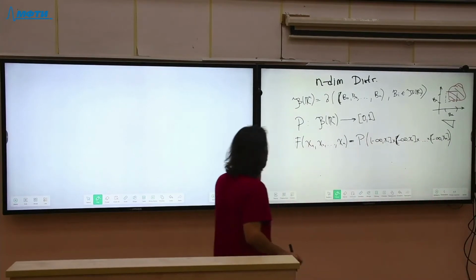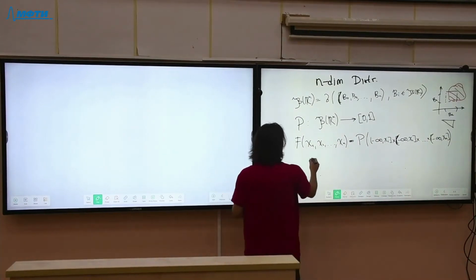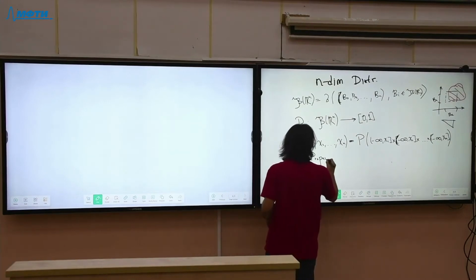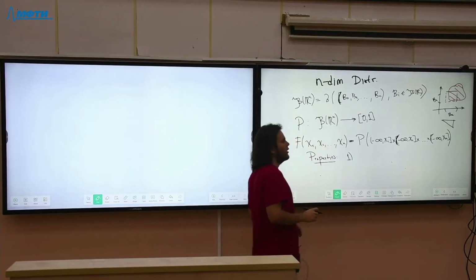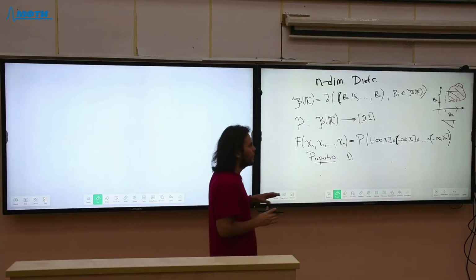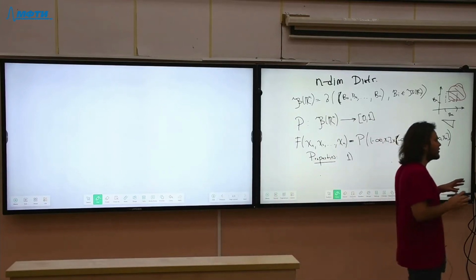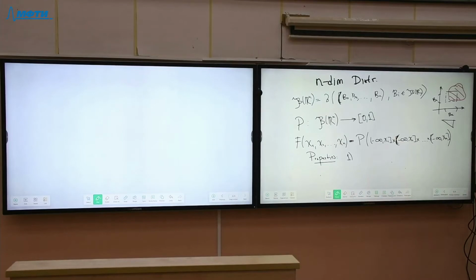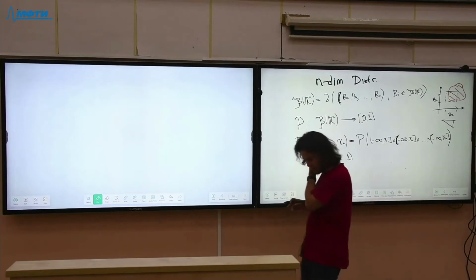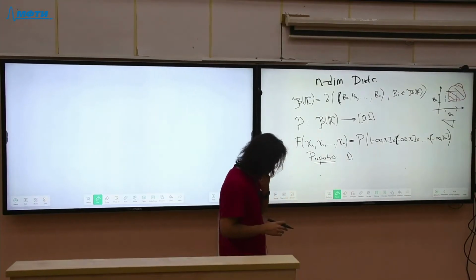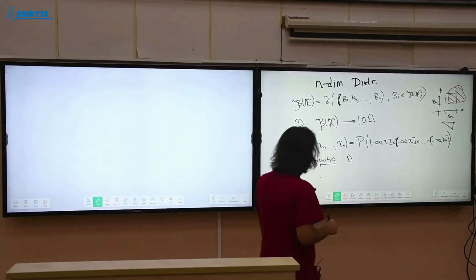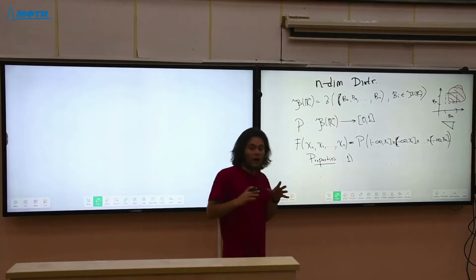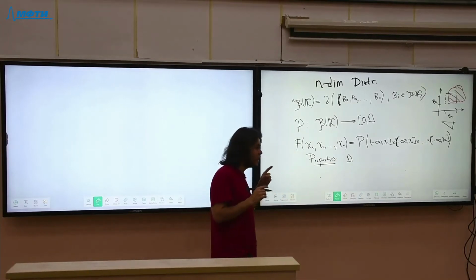And we can look at the properties of this CDF. The first property is somehow the analog of the property in the one-dimensional case, that it's non-decreasing. In the one-dimensional case the first property is that the CDF is non-decreasing.